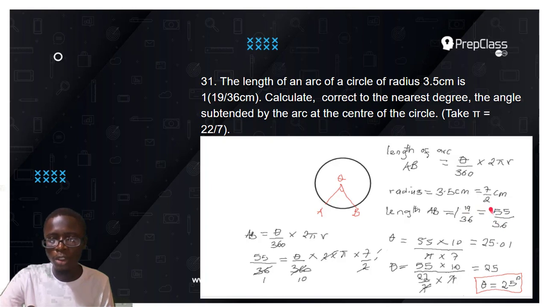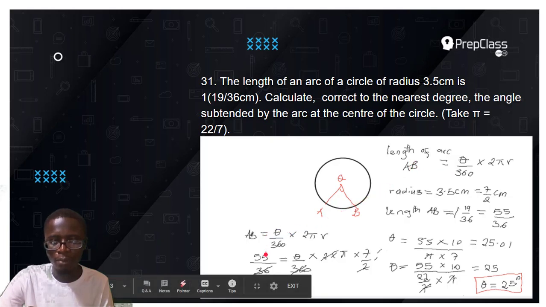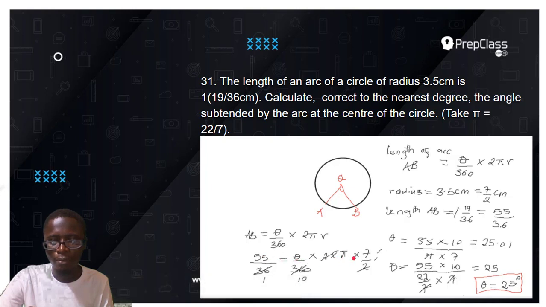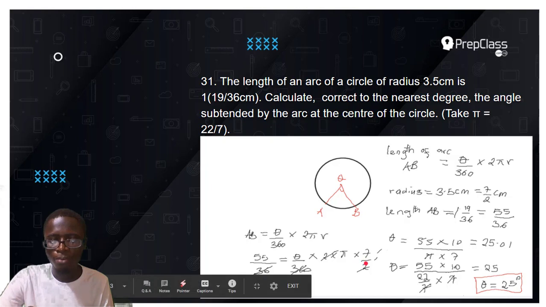So, substituting into the formula, theta all over 360 times 2 pi r, and the length of the arc AB is given as 55 all over 36, which is equivalent to theta all over 360 times 2 pi times 7 over 2.